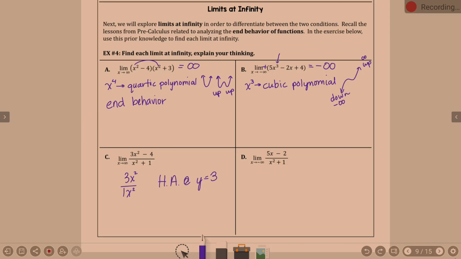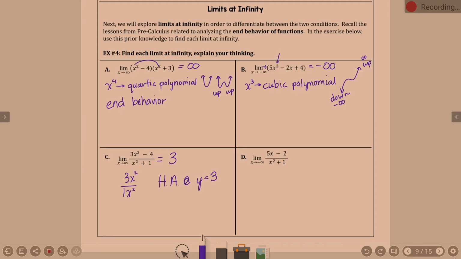That's because the powers were the same, right? And so as x approaches infinity, this would approach 3. And the same would be true if x approached negative infinity. Okay? As I said, we'll review asymptote rules a little bit more.